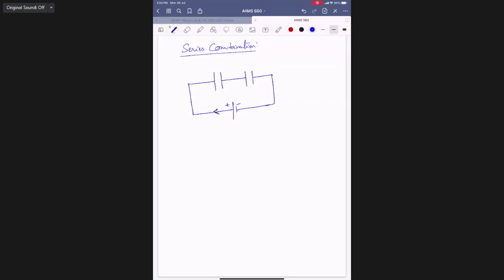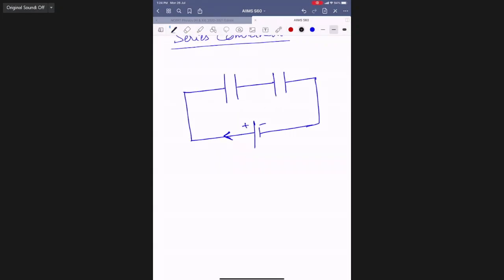Let the capacity of the first one be C1, second one C2. Both are having different capacities. Assume like this one. Then this will be which plate? Plus plate. This will be minus. Again this will be plus. This will be minus.